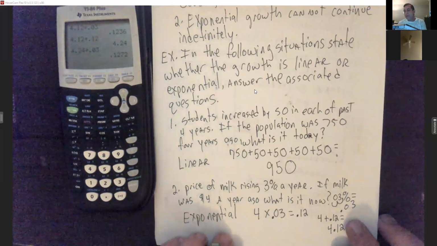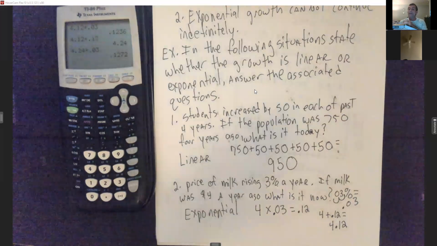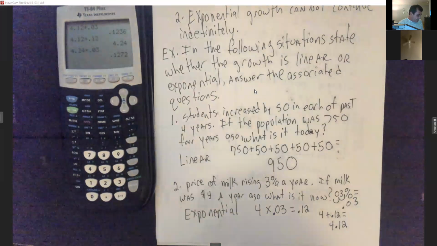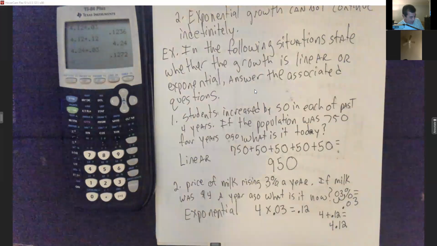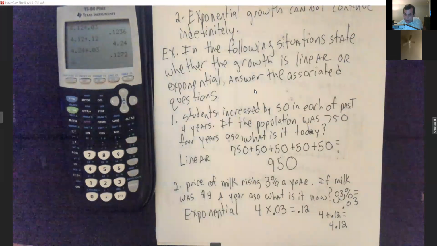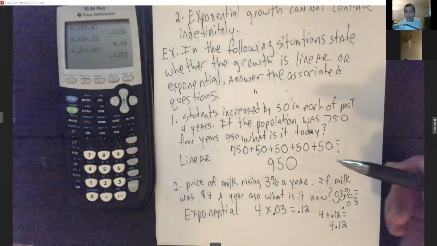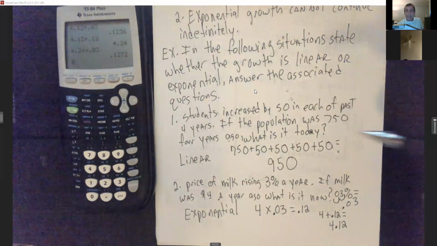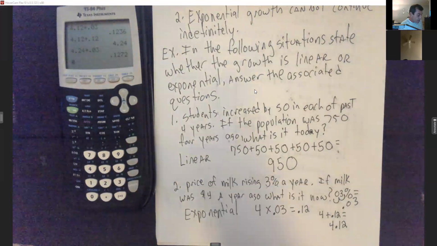So eventually that milk's going to just keep getting higher, because you're going to have a higher amount that 3% is coming off of. It's not a fast grower, but it's a grower, okay? And then we noticed each year it wasn't getting the same amount, right? Went from 0.12, 0.1236 the next year, 0.1272 the next year, and so on.